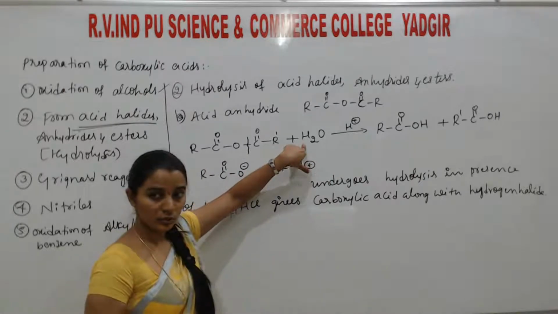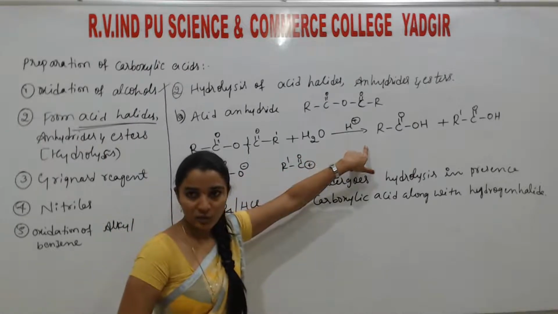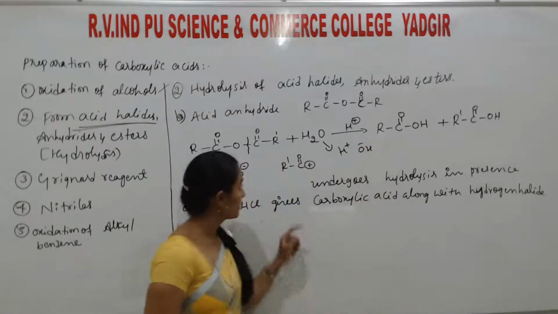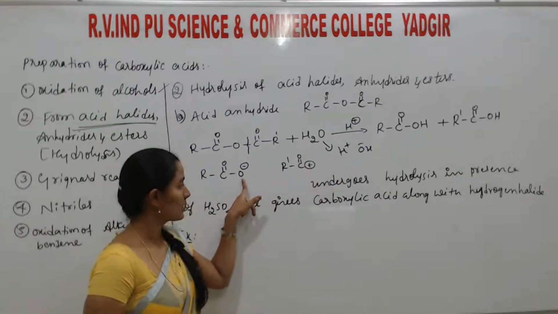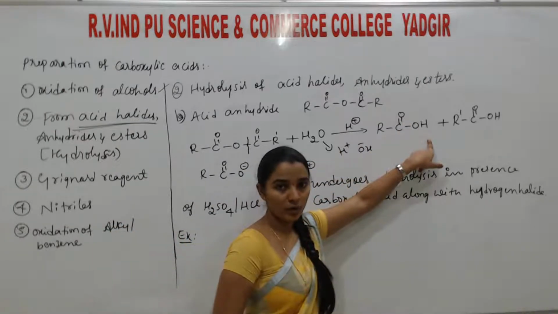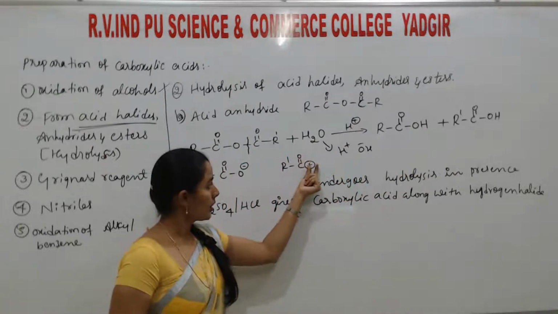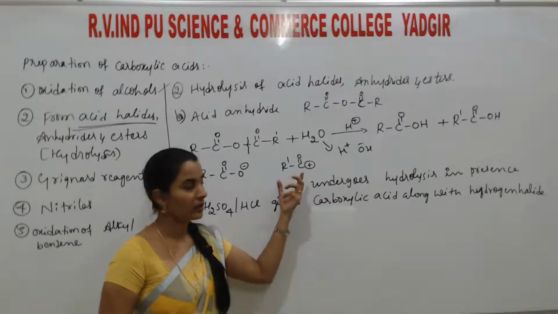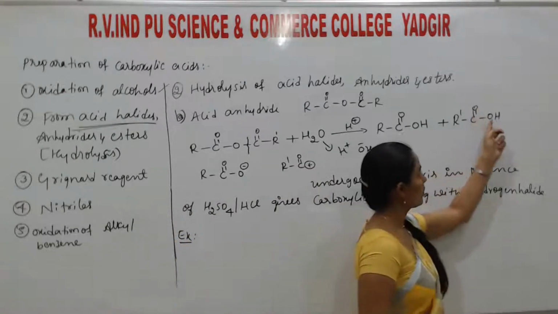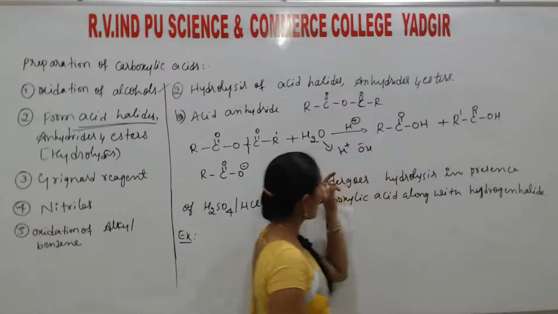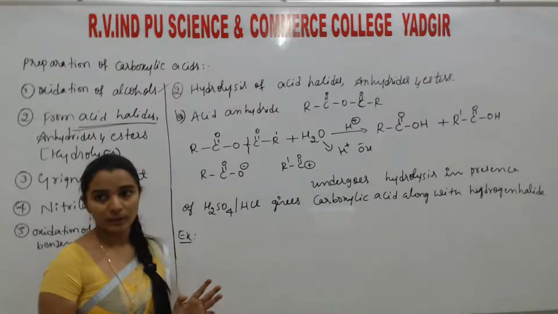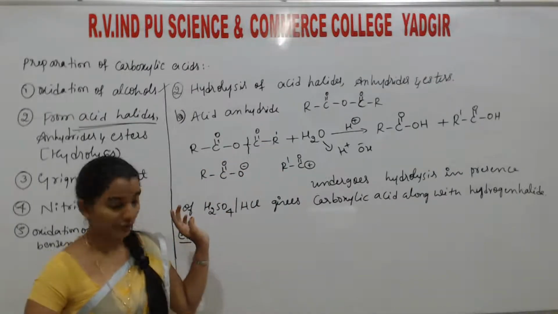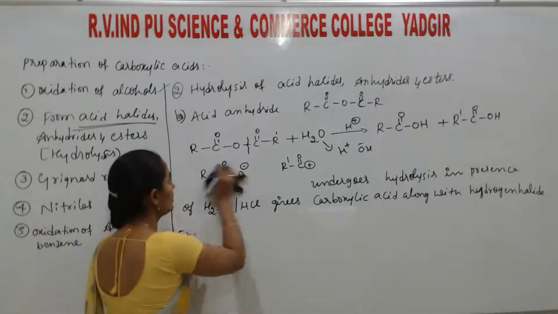So this H2O is dissociated as H plus and OH minus. Here it is in minus charge, so H plus goes here, forms RC double bond OH. Here R'C double bond plus is there, OH will attach here, minus will attach to plus. So it will also come R'C double bond OH. This R group may be same, may not be same, both are same or different. So this is how the reaction takes place.